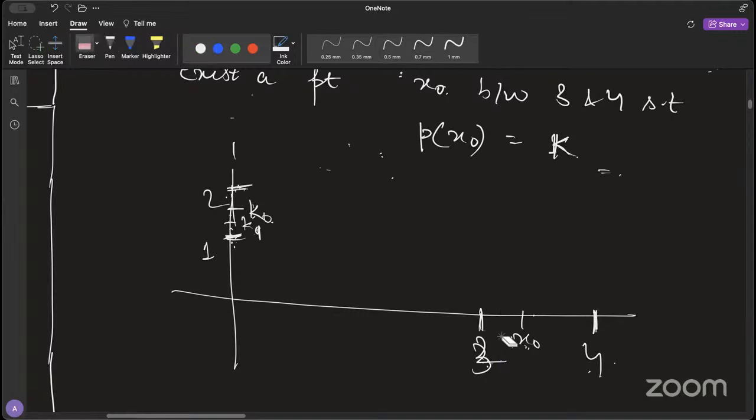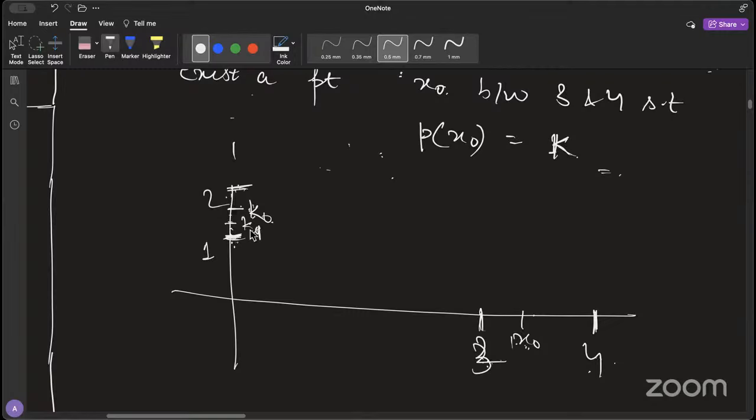Now, okay, let's do this thing. If your k1 is here, the polynomial's value at 3 is 1, at x naught it is k naught, and at 4 it's 2. And I've taken a point between 1 and k naught in the range. K naught is in range, 1 is in range, and I've chosen another point between 1 and k naught, which is k1.